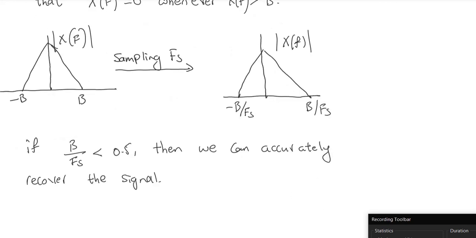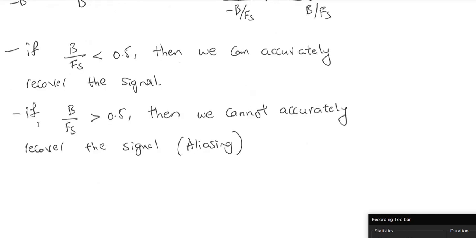Also based on our discussion, if capital B over Fs is less than 0.5, then we can accurately recover the signal. If B over Fs is greater than 0.5, then we cannot accurately recover the signal.